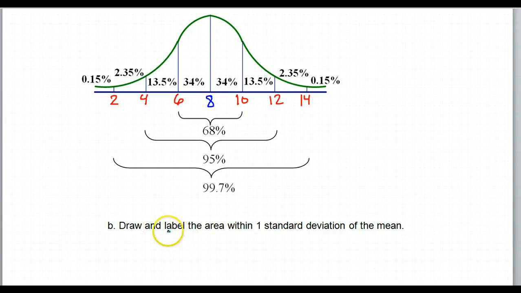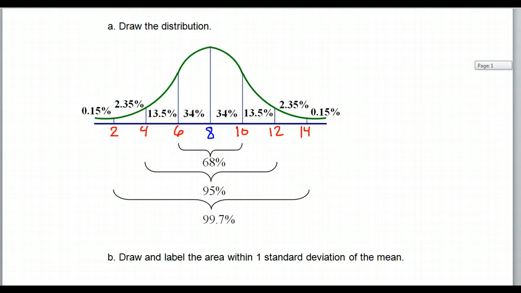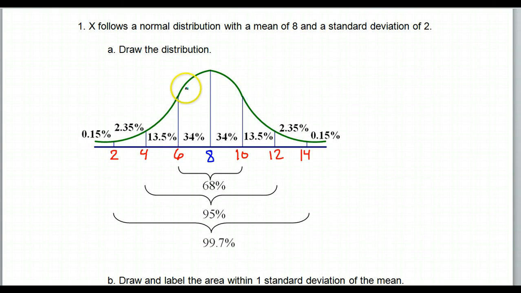Now, draw and label the area within 1 standard deviation of the mean. Well, that is this area. Let's see, how can I label it? This is the area within 1 standard deviation of the mean, right here.